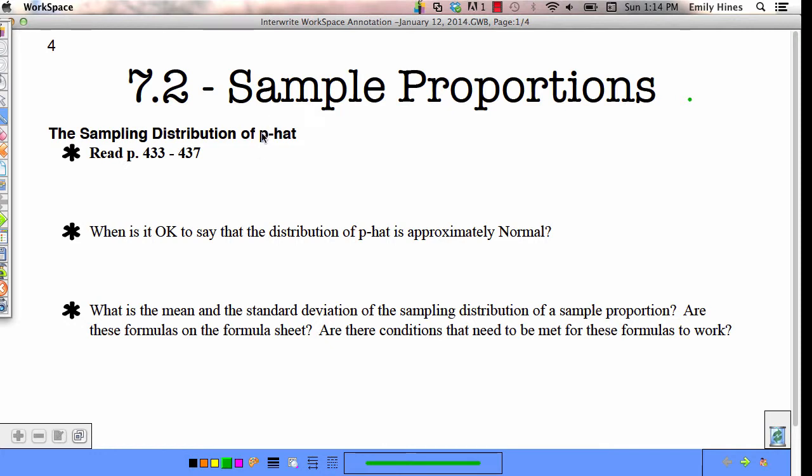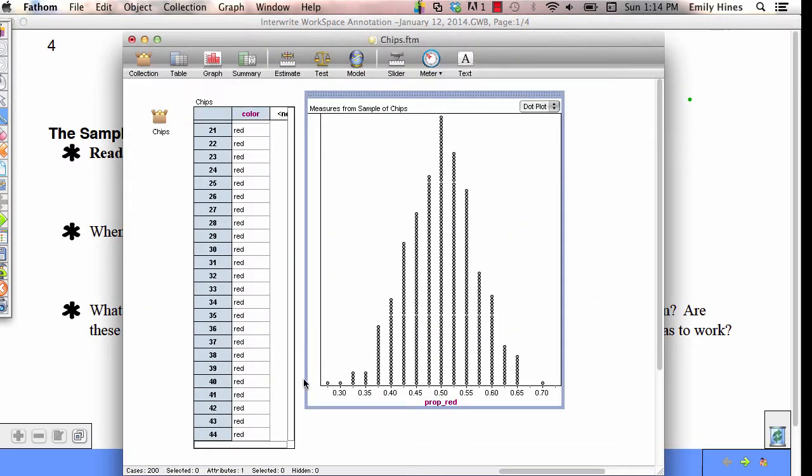Today we're going to get very specific and talk about the sampling distribution of p-hat, or the sample proportion. This is a lot like what we looked at with the chips example, because we were taking the proportion of red chips. So out of my 200, I took 505 samples of 40 red chips and calculated the proportion of those that were red.